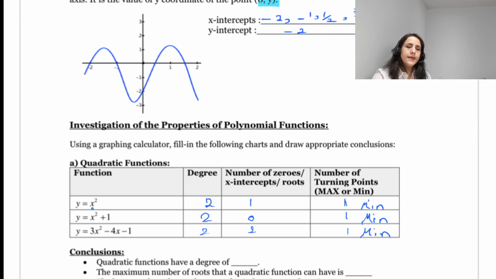Let's see. Here I have y equals x squared. The degree of this function is 2, I know. But what is the number of zeros that I have here for x squared? You know the shape of x squared, yeah? I'm just putting a very rough graph for x squared here.